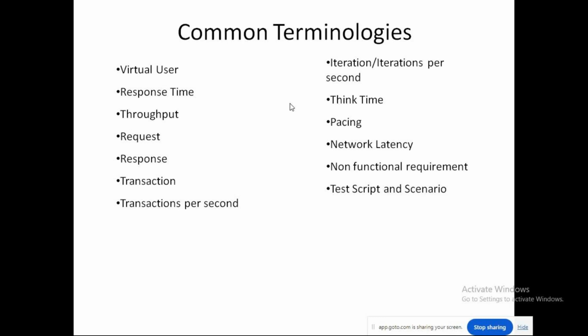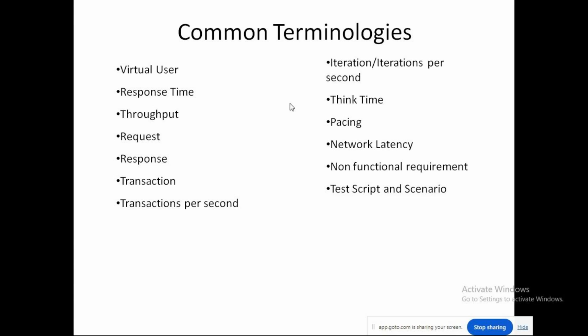Then test script and test scenario. So what is this test script? Now, whenever you have different user flows, those user flows you have to automate basically, or we have to develop the test script for those user flows.